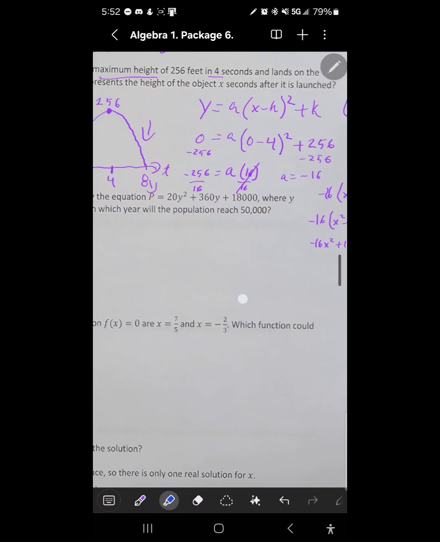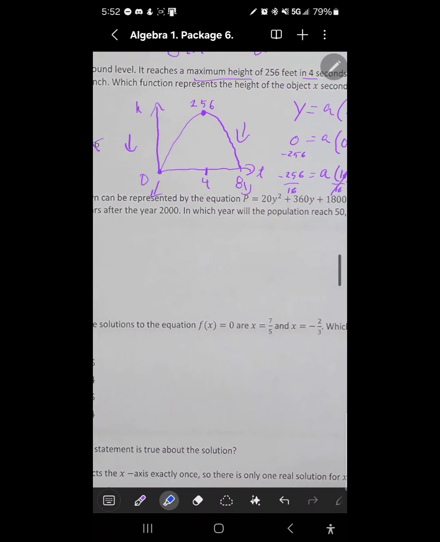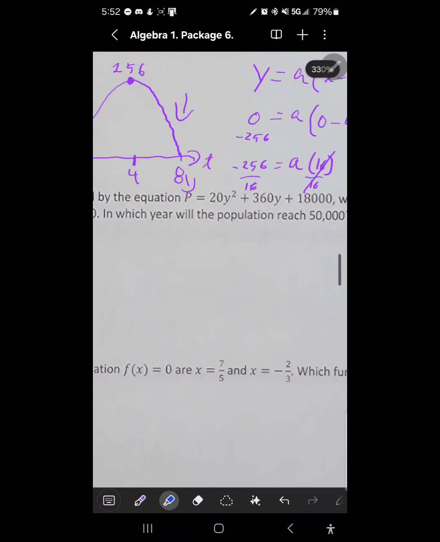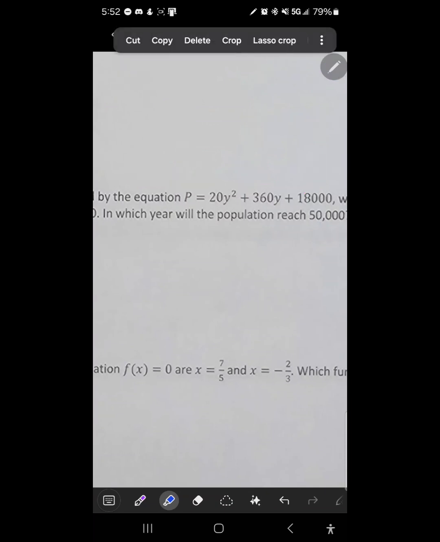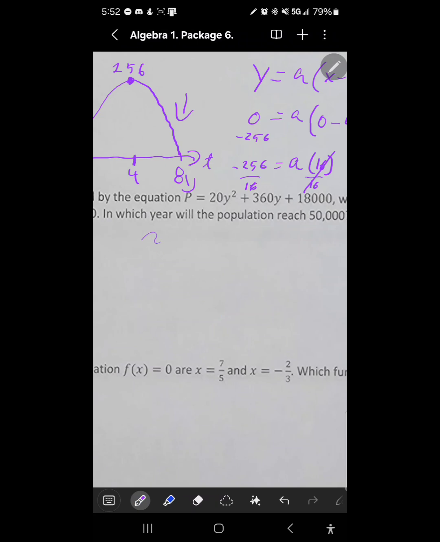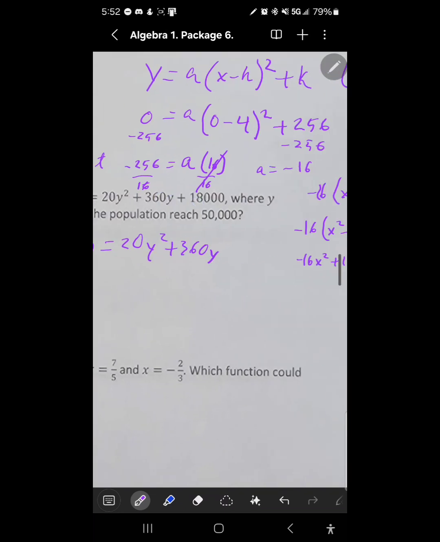Okay, so P is the population. So I'm just going to substitute the 50,000 in the population. So I have 50,000 equal 20y squared plus 360y plus 18,000.